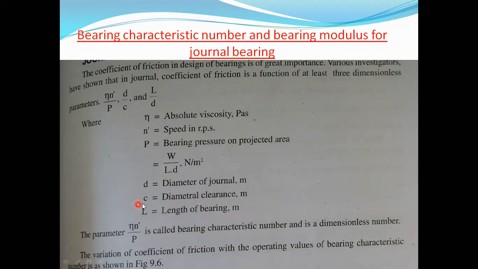In the last session, I told what C is. Therefore, the parameter eta N' by p is called the bearing characteristic number, and it is a dimensionless number.